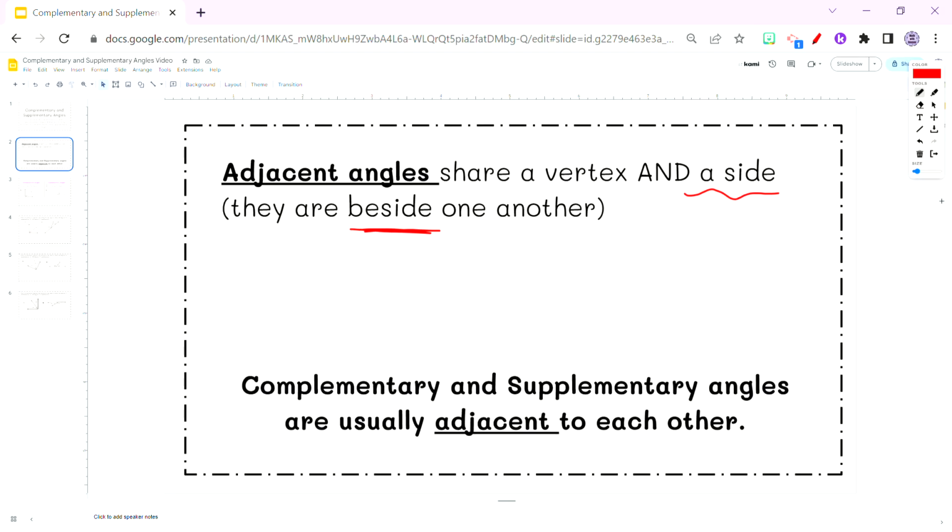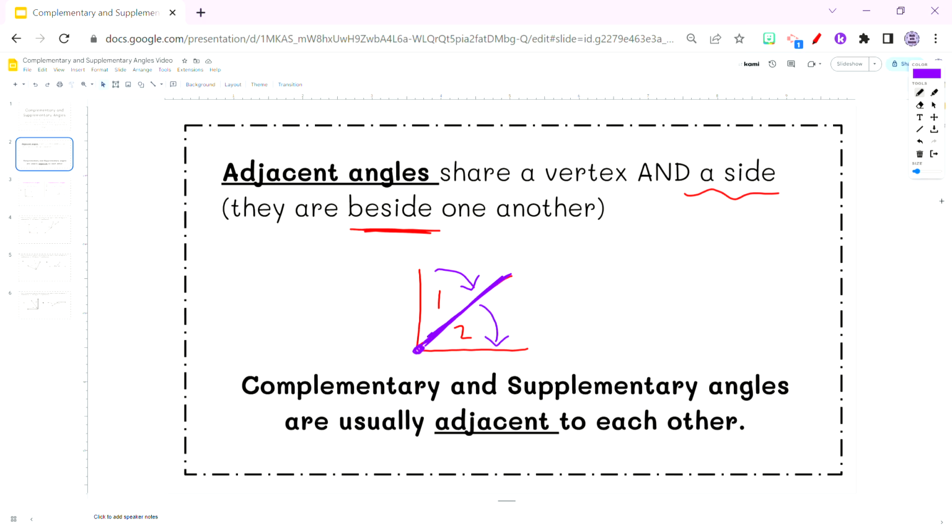All right, so an example of that would be, here's a set of adjacent angles. I'm going to say this is angle 1 and this is angle 2. If you notice, these two angles, they share this common side and this common vertex. All right, so again, we have angle 1 and angle 2.